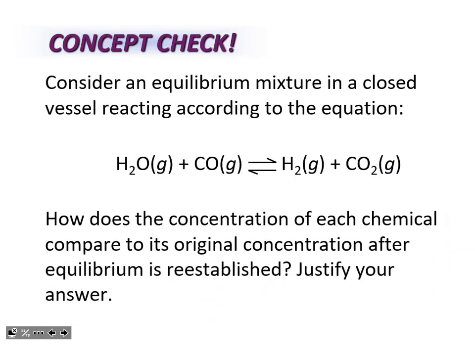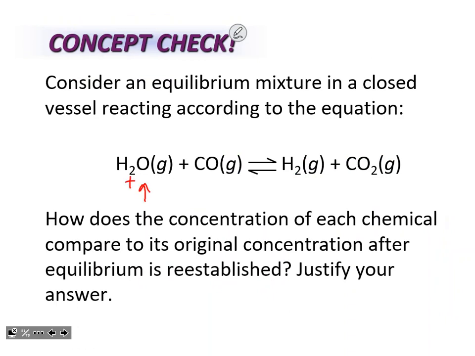How does the concentration of each chemical compare to its original concentration? So did it increase or decrease, basically, in comparison to its original concentration? So talk it out. We'll come back in a minute. All right, so obviously, in the original problem, we added in water, right?